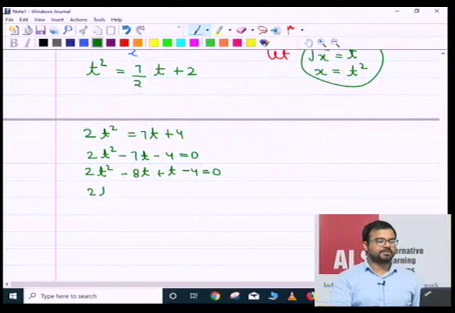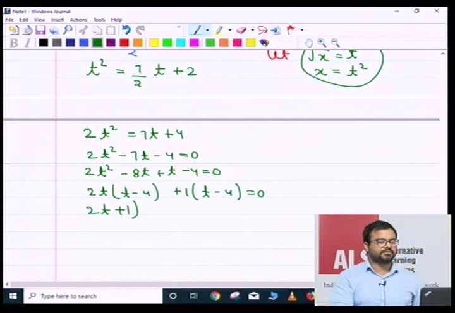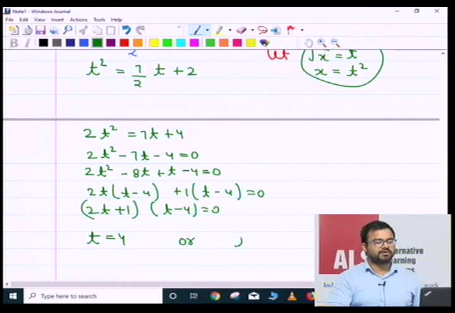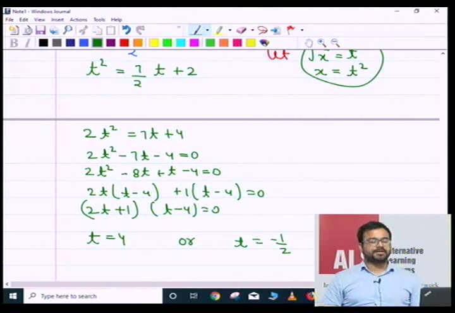So it will be 2t plus 1 and t minus 4 equal to 0. So 2t plus 1 or t minus 4 is equal to 0. So t is equal to 4 or t is equal to minus 1 by 2. Two values of t you will get.